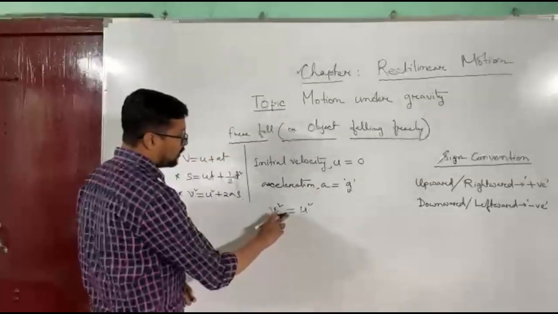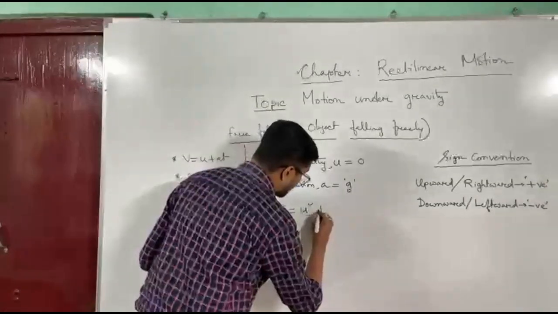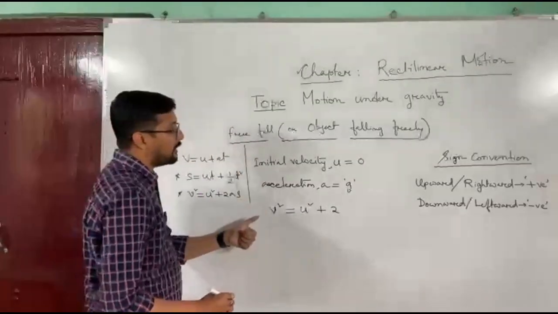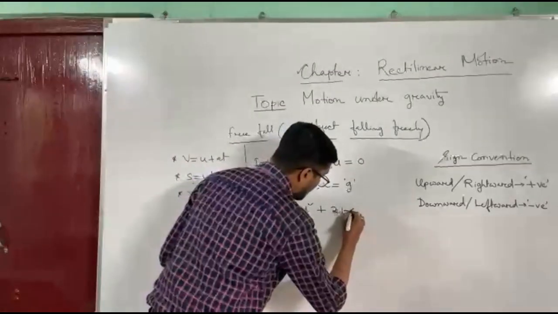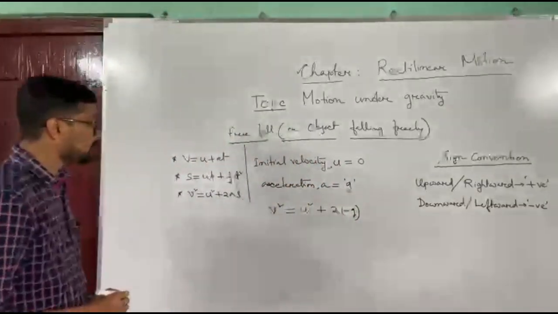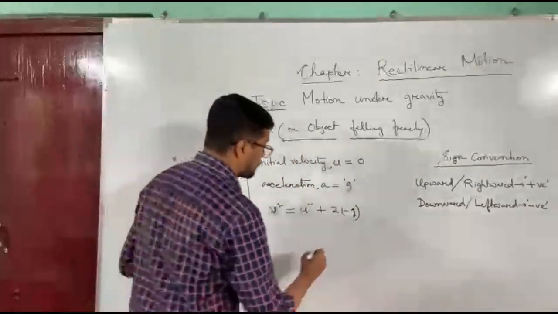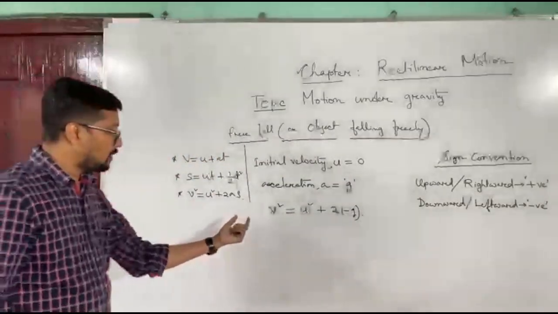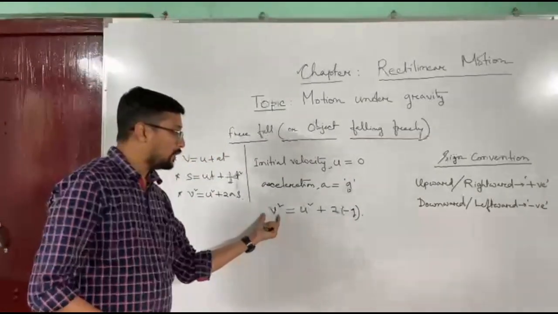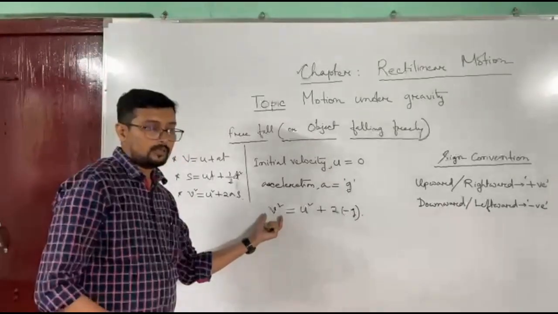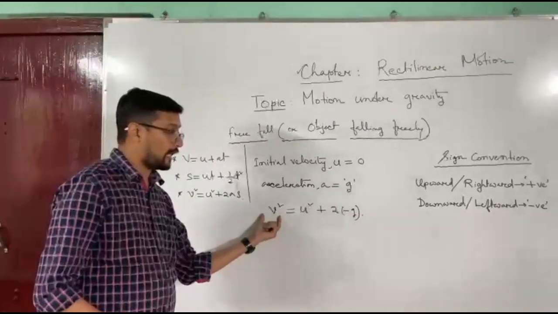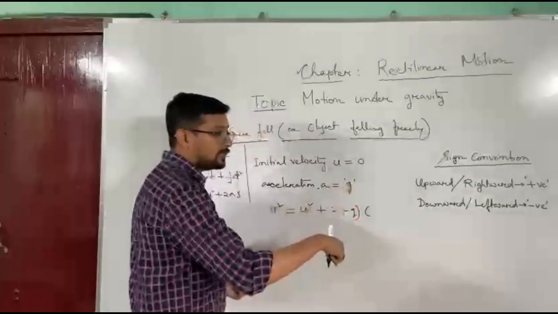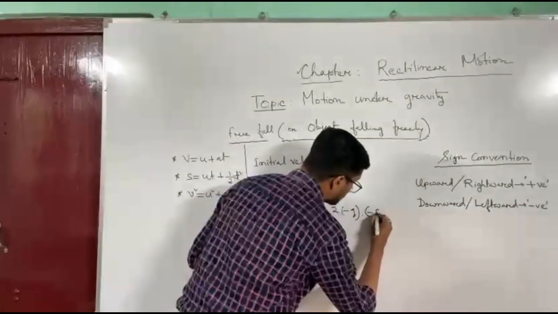v square is equal to u square plus 2, acceleration is acceleration due to gravity, so it is minus g, and s, finally, is the displacement. Now see, eventually we are going to get a positive v value on the left hand side. So this minus, and displacement is also, since it is in a downward direction, minus.